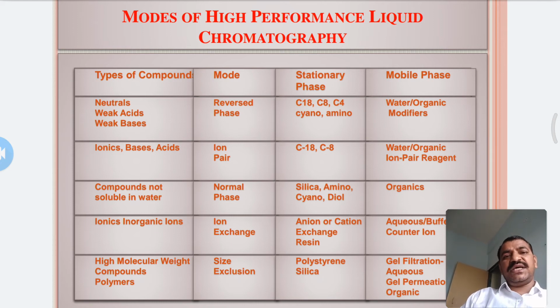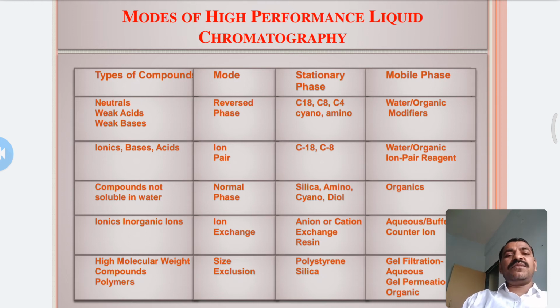The second type may be ionic, basic or acidic components. Next are ionics, inorganic ions, and last are high molecular weight compounds, polymers. For these we use different modes of HPLC.